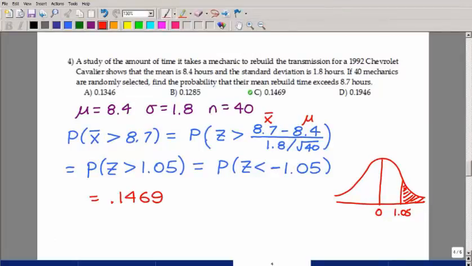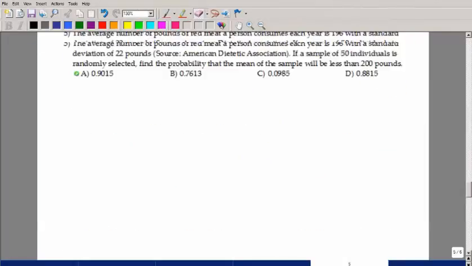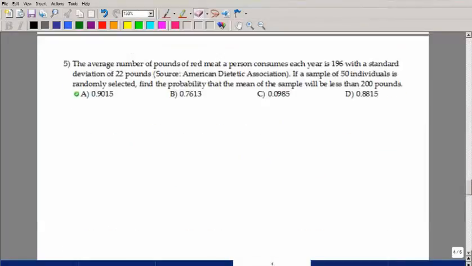And okay, looks like we've got that as an answer already, 0.1469. Very good. I believe I have two more examples here, and then I will be completed with this section and leave it up to you to practice this on your own.